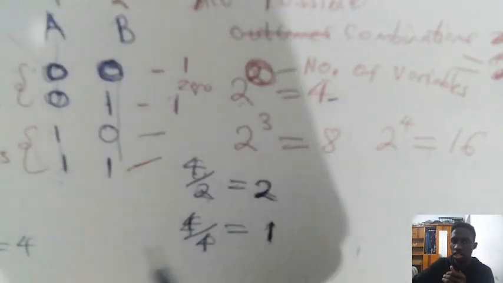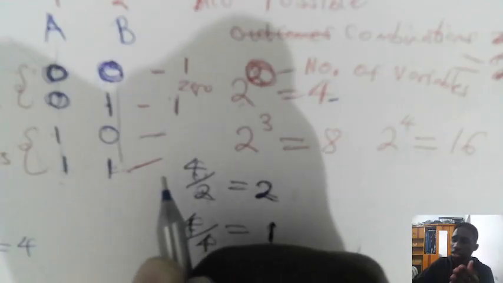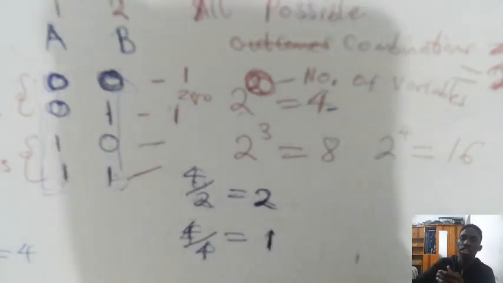So that gives you a pattern: 0, 0, 1, 1 for A and 0, 1, 0, 1 for B. And that's it. You've gotten the set of all possible combinations for A and B. So that's how you do it.